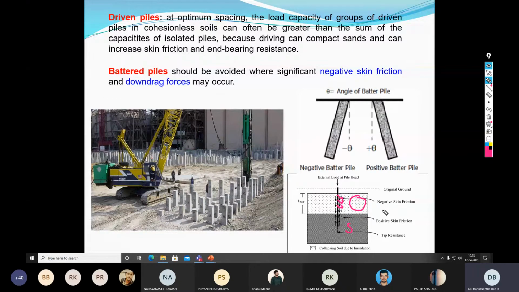Only in case of a compressible clay layer is there a possibility of the development of negative skin friction. If you refer to any book and see that the arrows are represented in the downward direction for a particular clay layer, then you have to assume that this is negative skin friction, not positive skin friction.